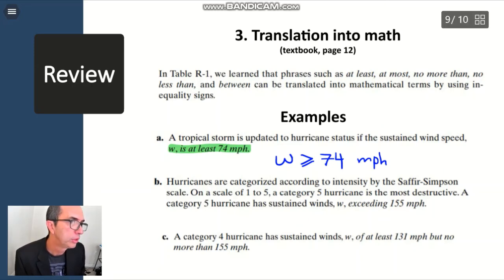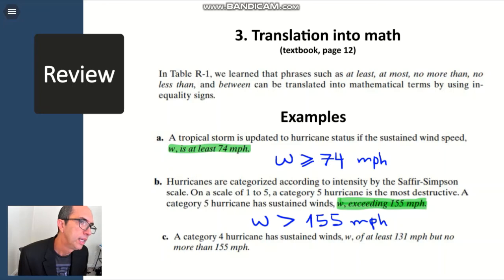So focus on the words that are important here and forget all the rest. So W, exceeding, that means greater than 155 miles per hour. And that's how you translate from words to math.